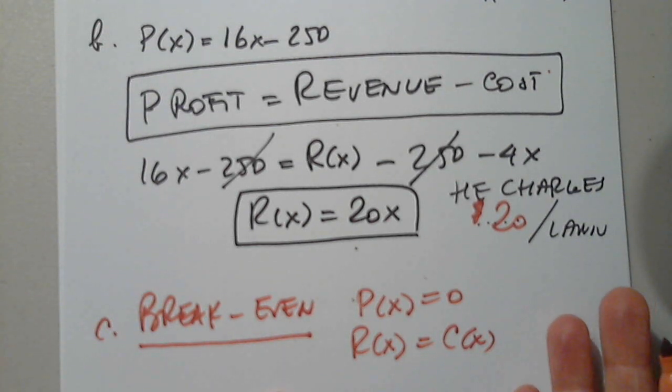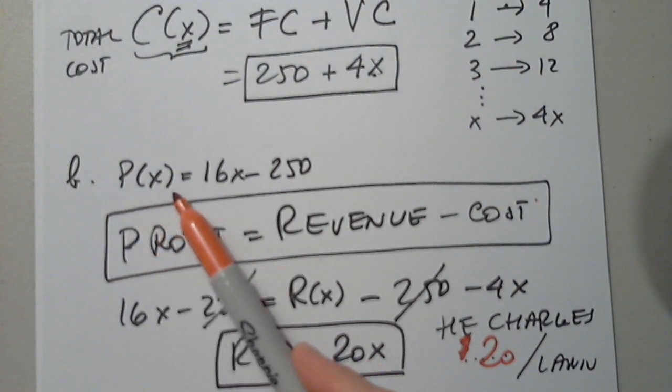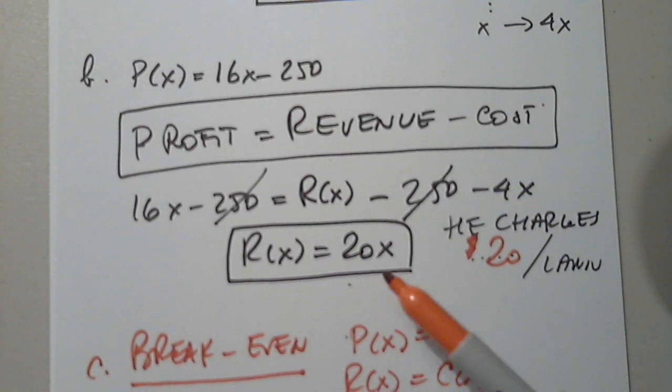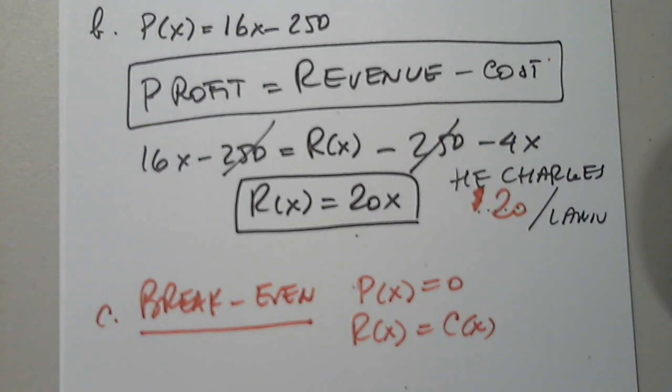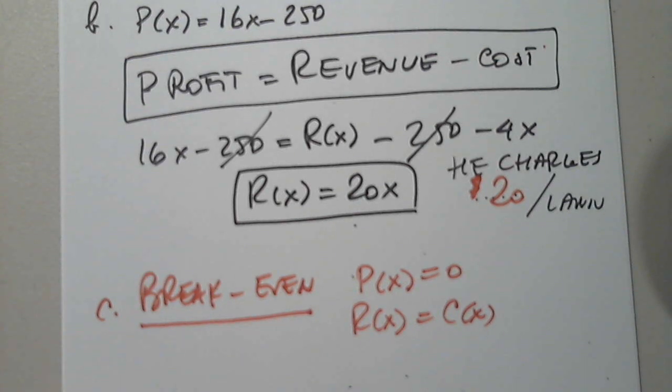He's not making money. He's in business, but he's not making money. But he's not losing money either. So all we have to do is take the profit and set it equal to 0, or set the revenue equal to the cost and see how many lawns he should mow.